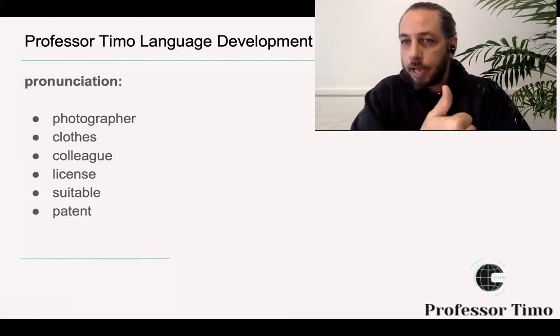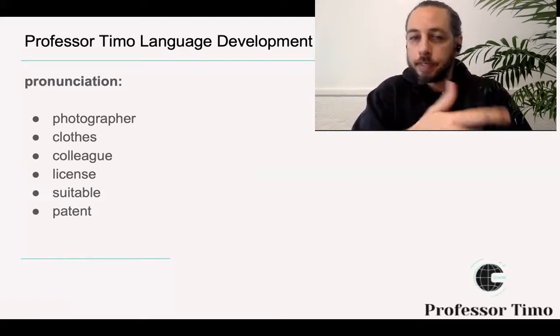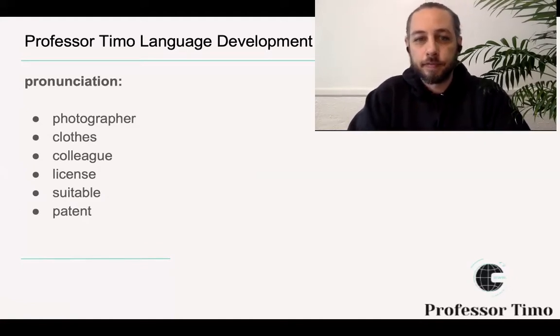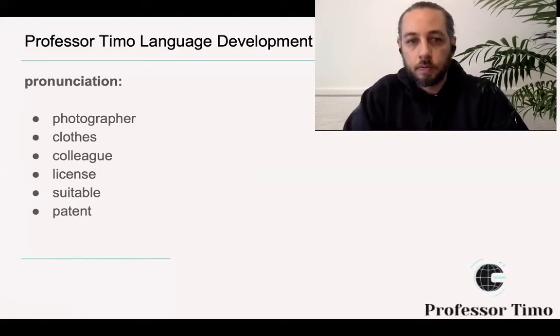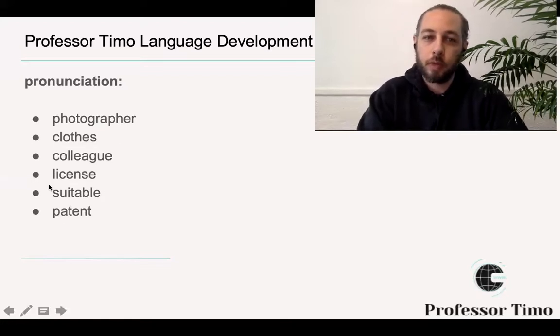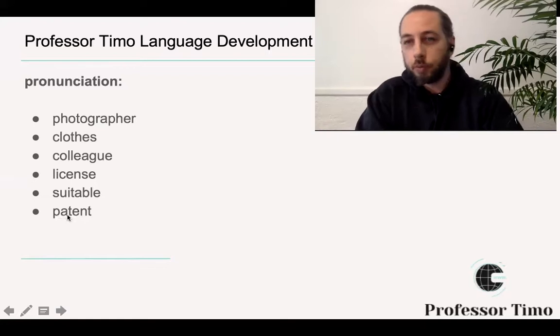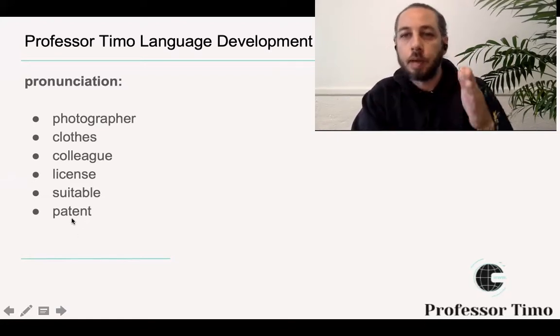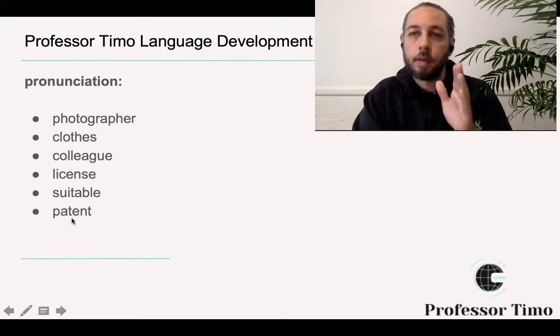We're working on the letter L a bit and also the letter S. So repeat after me again, license. Okay, fifth, suitable. And finally, we'll end with a really hard one. This T will be weirdly silent or there will be sort of an empty zone, patent.